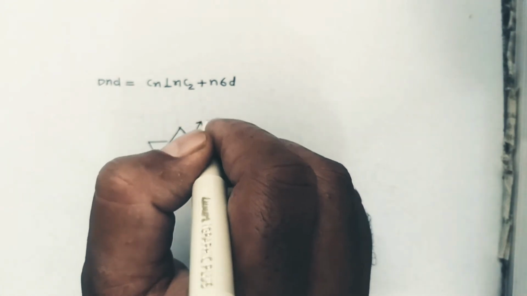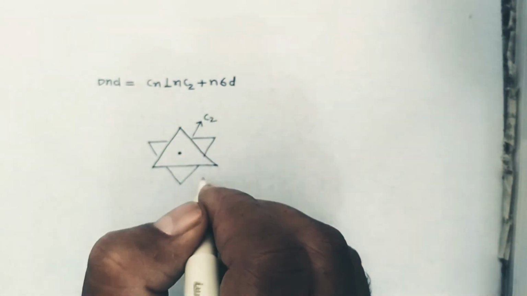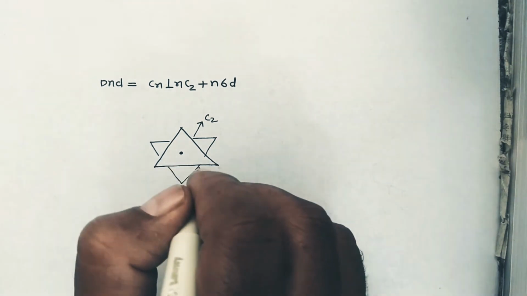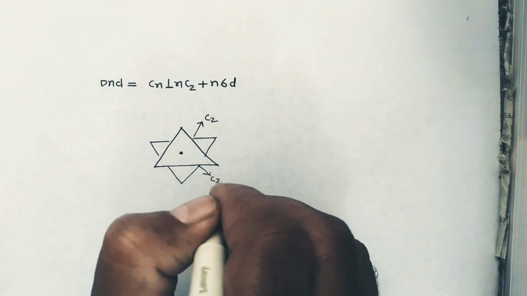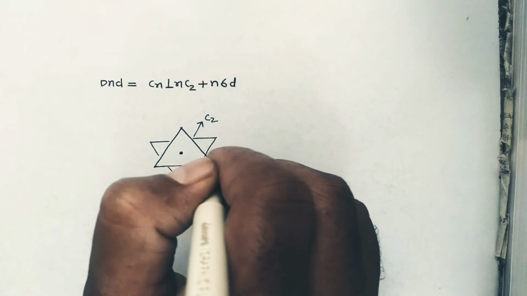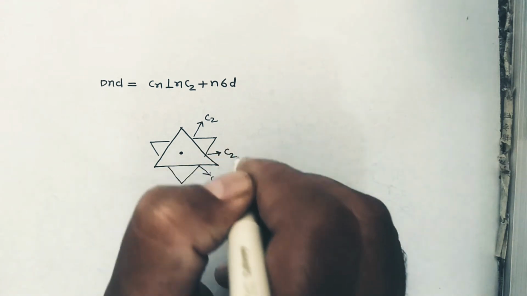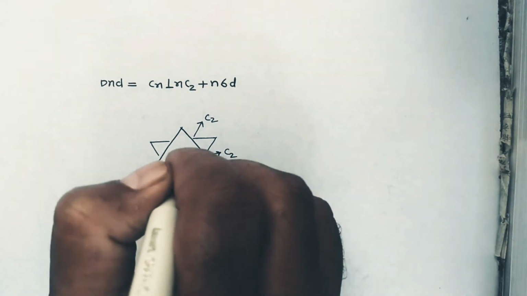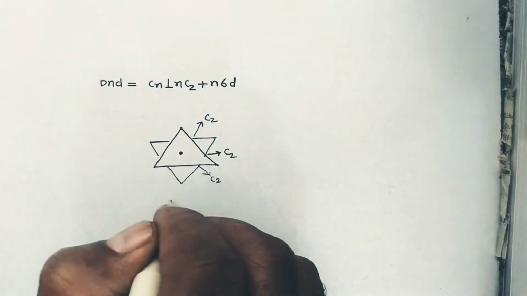One from this side, one from this angle, another from this angle, and there is one C3 axis.